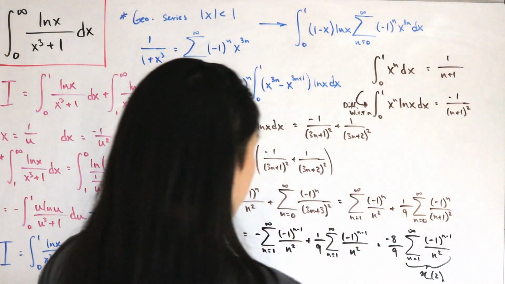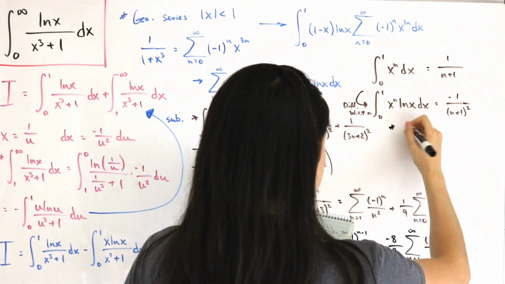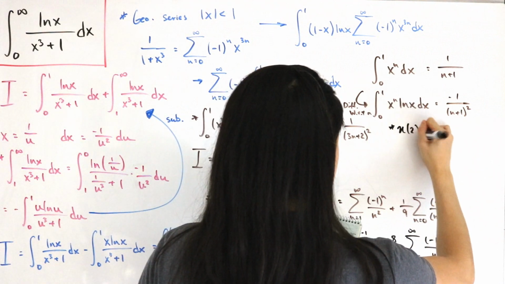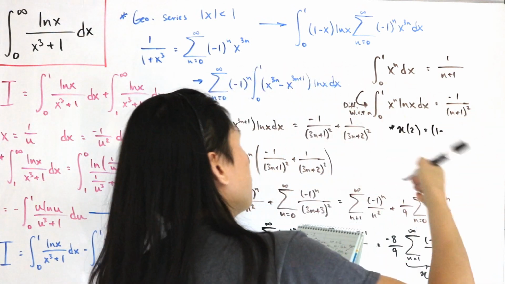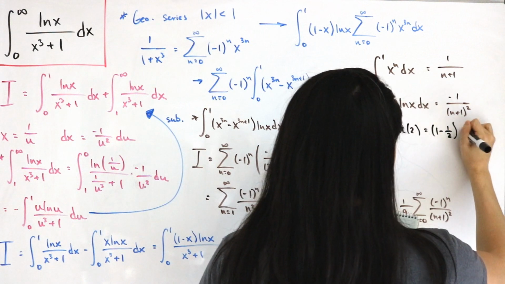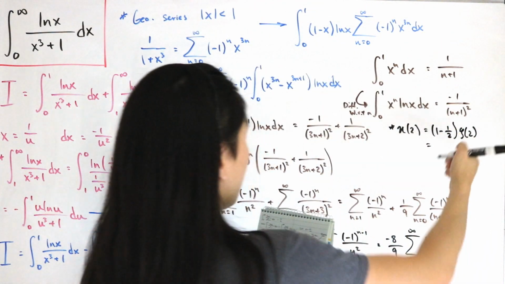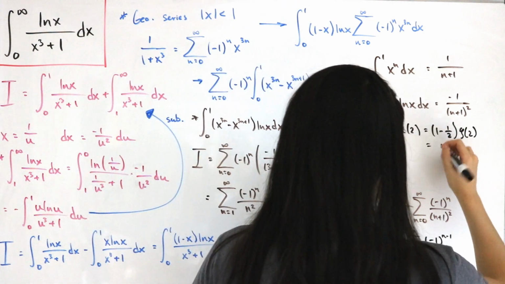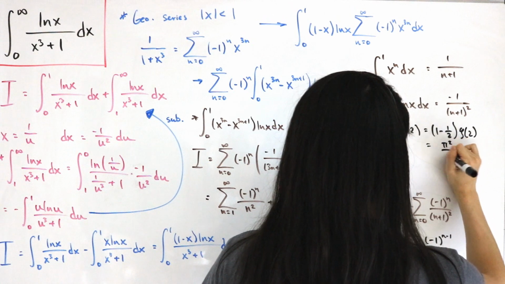So the eta of 2 is going to equal 1 minus 2 to the power 1 minus 2, which is 2 to the -1, which is just 1/2, multiplied by the Riemann zeta of 2, which is the Basel problem, pi squared divided by 6. So that all evaluates to pi squared divided by 12.